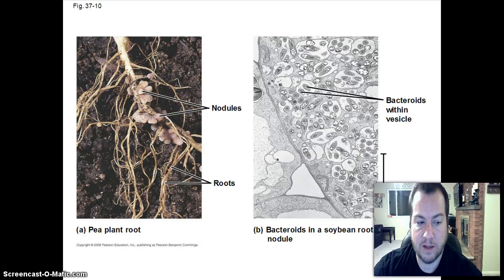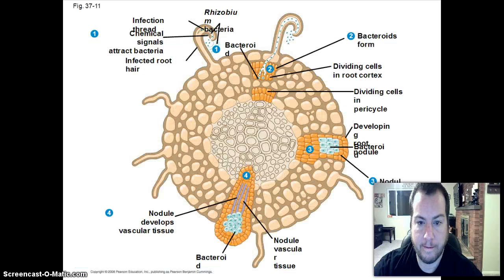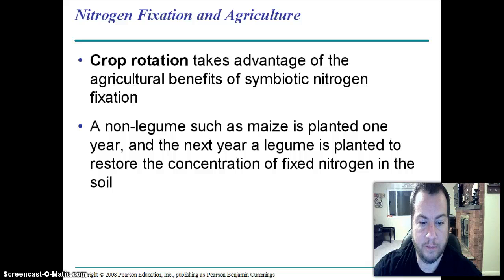In exchange for that, the plants give the bacteria nutrients that they need. And you can see in this picture how a quote-unquote infection occurs. It is infected with bacteria, but it's a good kind of infection for that plant. Without it, a lot of plants actually don't grow very well.